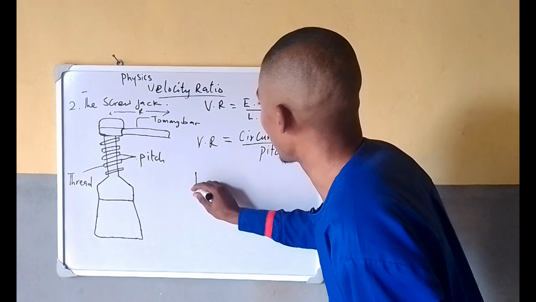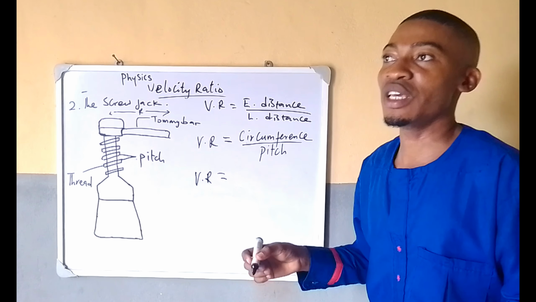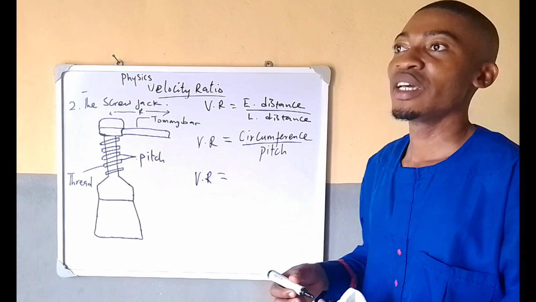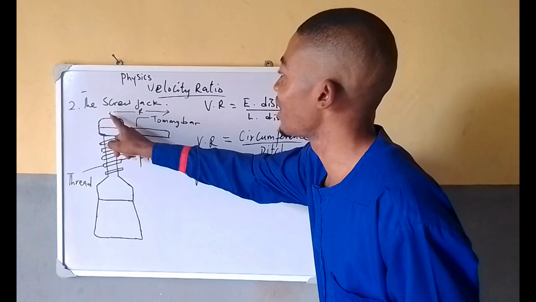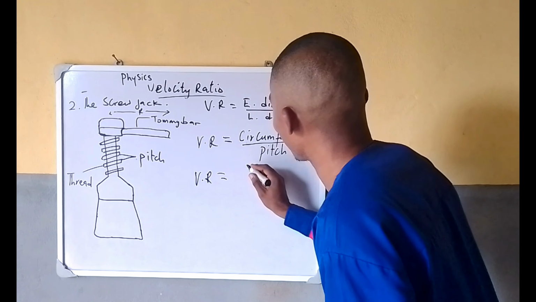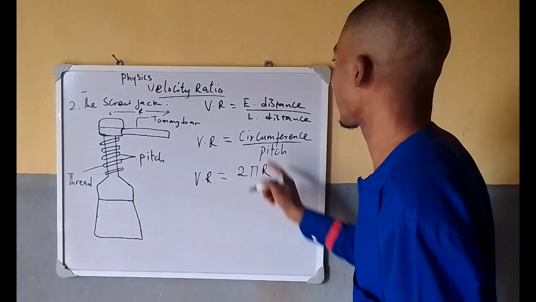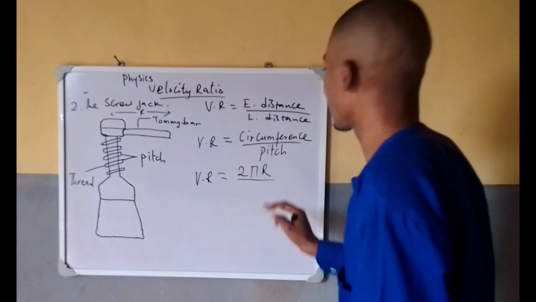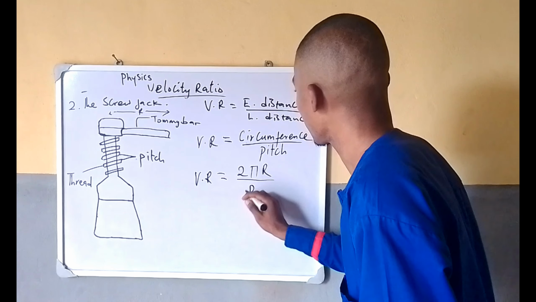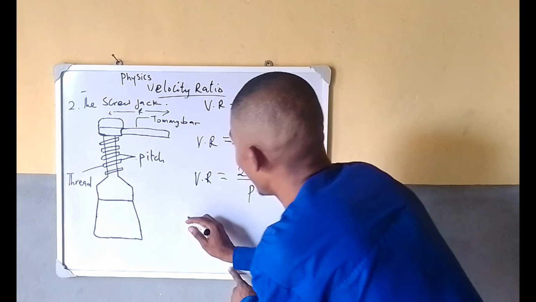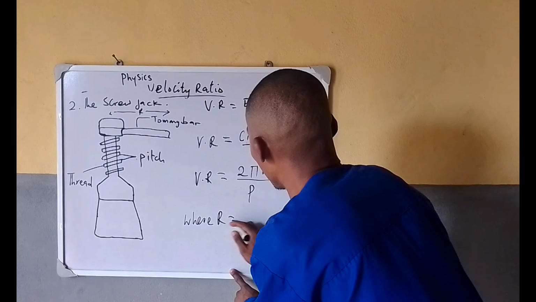In that case, we see that velocity ratio is equal to, what is the circumference of a circle? In mathematics, the circumference of a circle is given by 2 pi r. Remember that this r now represents the length of the tommy bar. So we are going to write 2 pi r. That is the circumference of the circle that was turned by the tommy bar, divided by pitch, we use p, where r is equal to what?